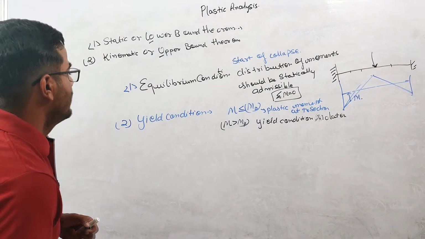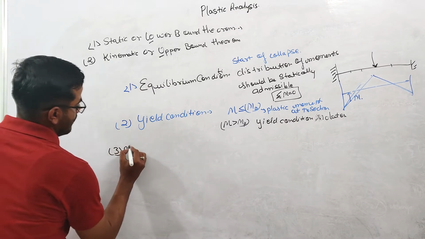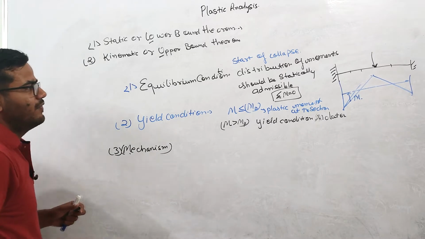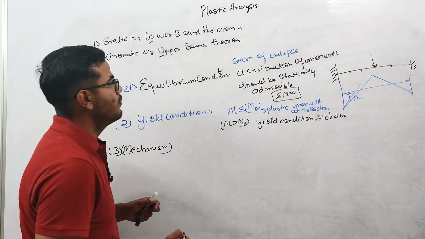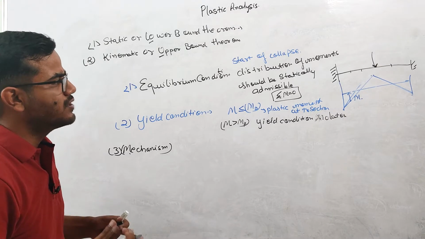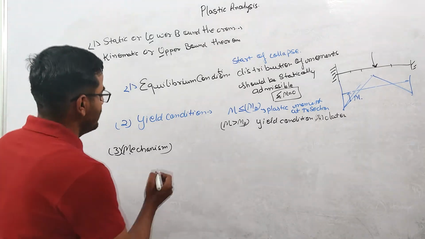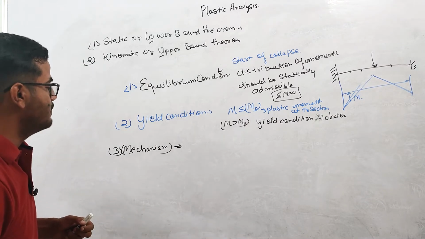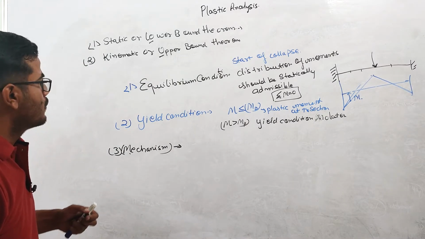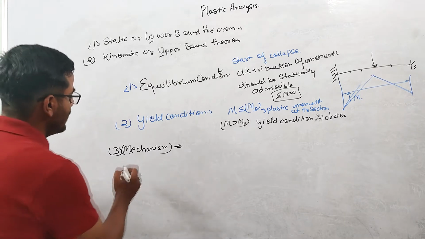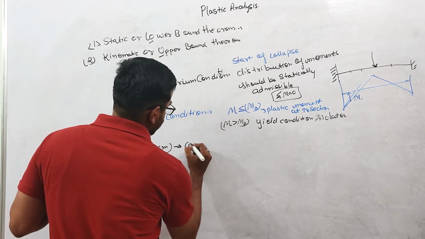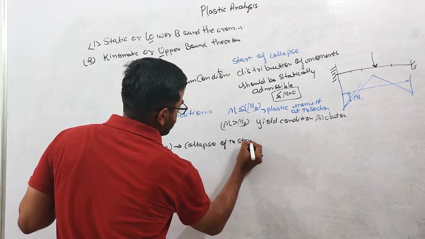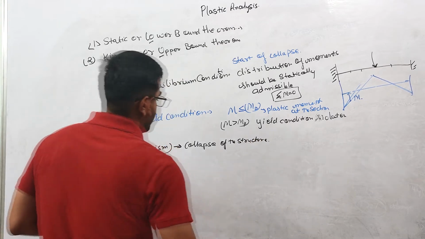Next is the mechanism condition. When you are applying a load, there is a distribution of moment, and due to this distribution of moments, if there is a formation of a mechanism, that mechanism is showing the final collapse of the structure.